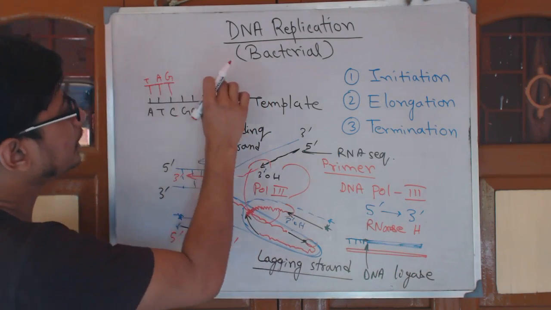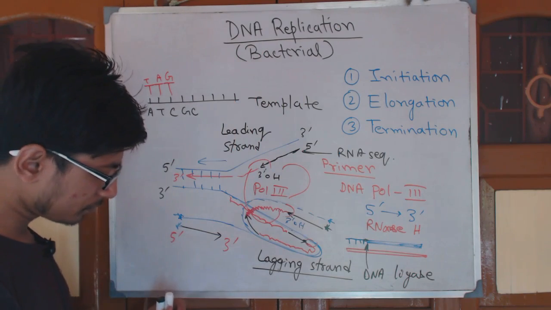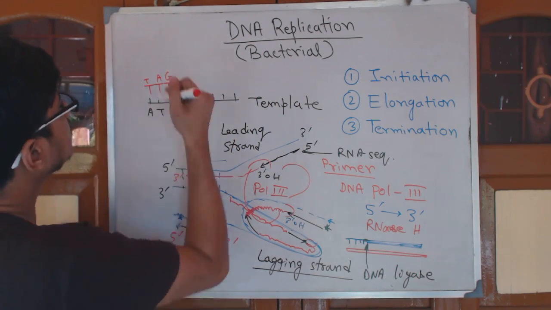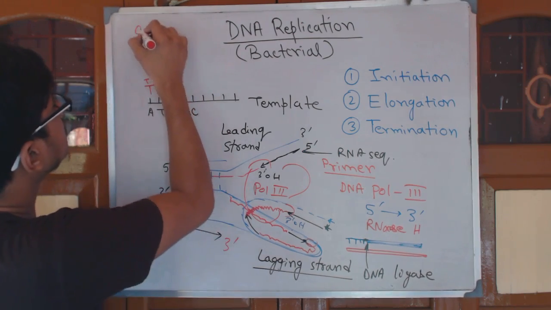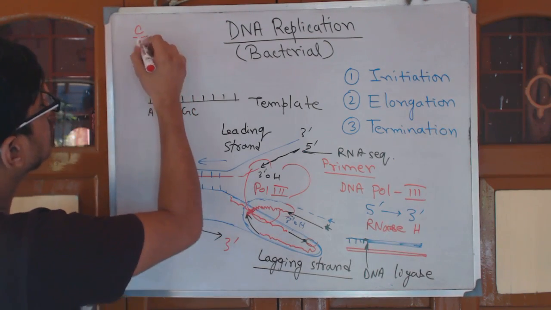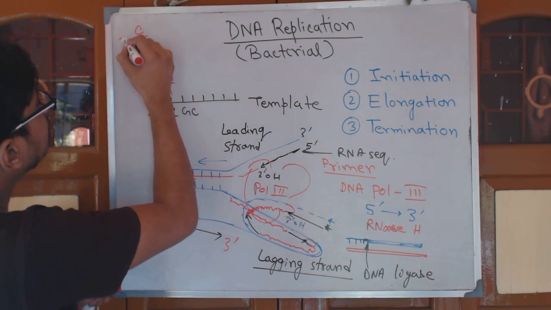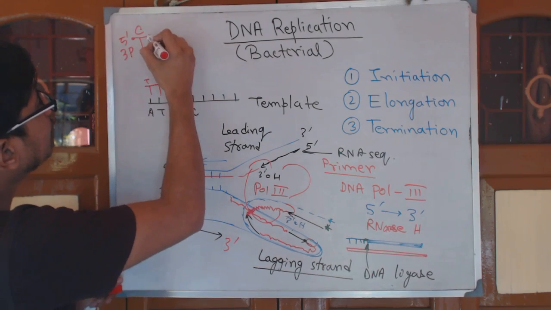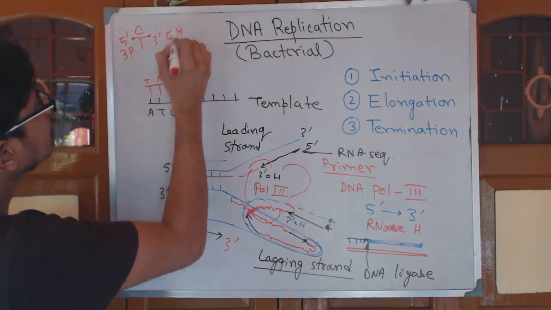So how do we keep on adding nucleotides like that? If you look at each nucleotide, for example in this case a C and a G, at the 5 prime end there is a triphosphate, and at the 3 prime end there is a hydroxyl.